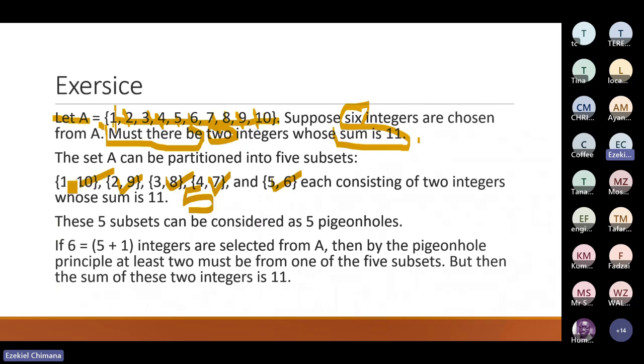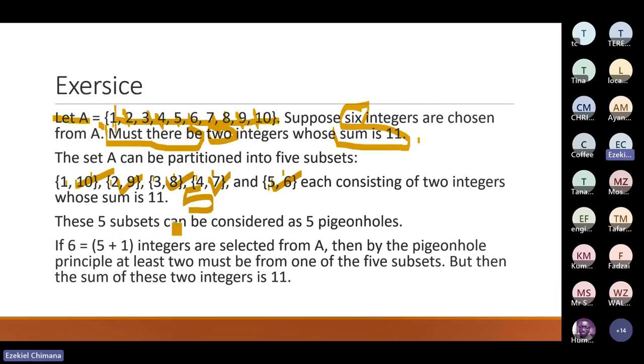Because if you take the first numbers, and then pick any from the second numbers, we are sure that we have a chance of matching that number with the first 5 numbers we have picked, and it will give us the sum of 11.